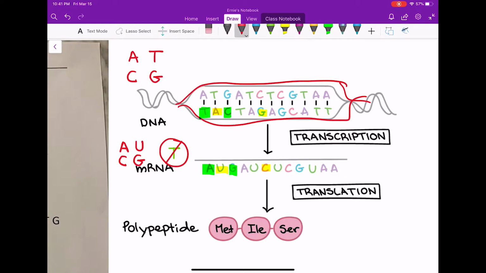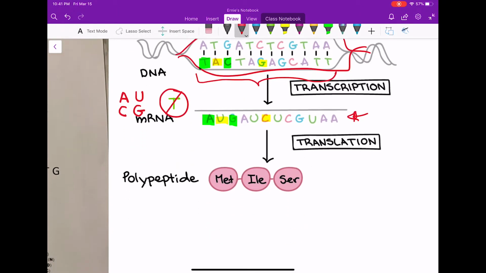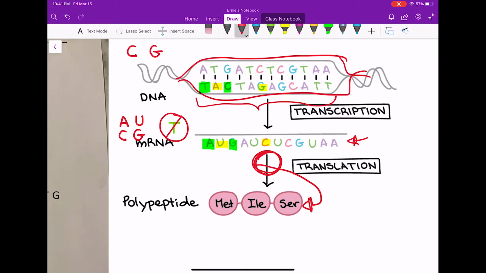So in the nucleus, transcription will happen. So this part of the DNA will be turned into RNA language, and then this mRNA will leave the nucleus with the transcript, and it's gonna take it to a ribosome, and this ribosome will make this polypeptide, right?